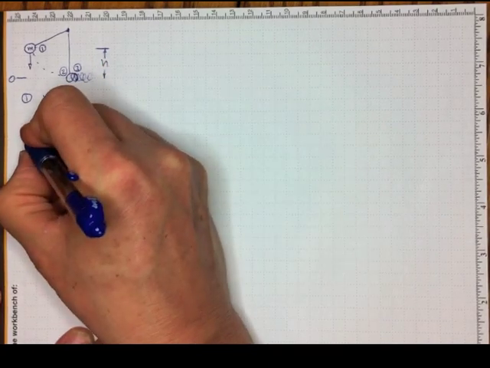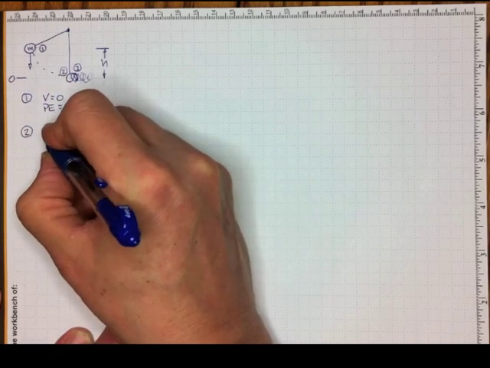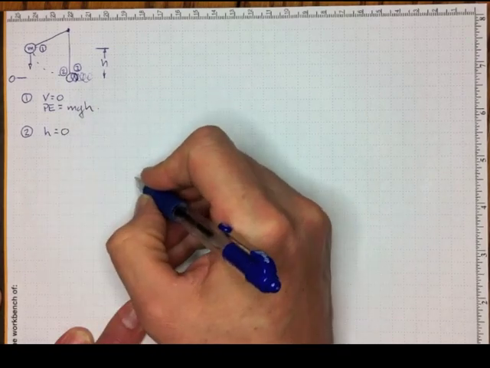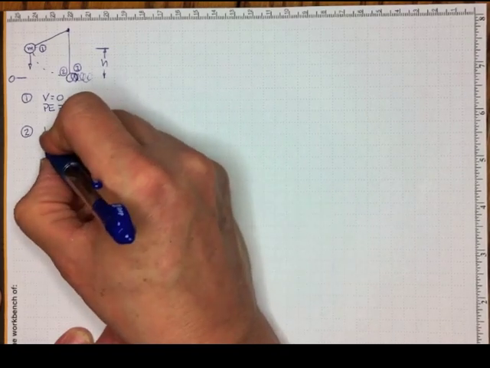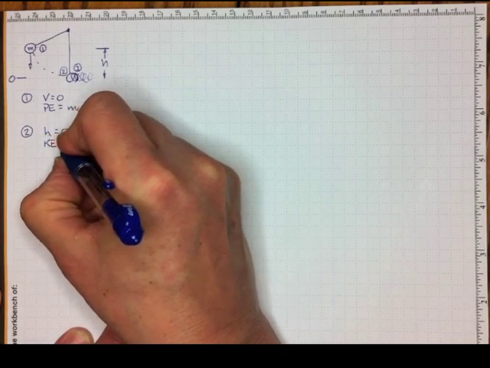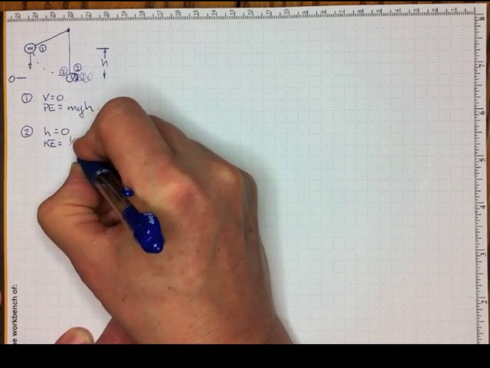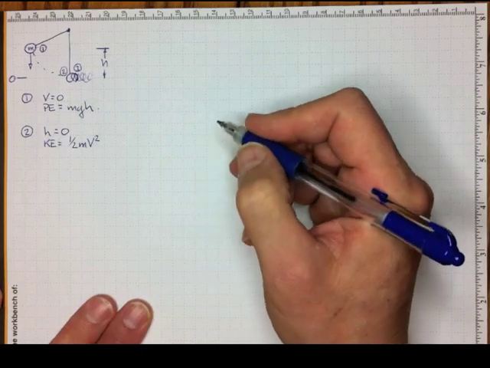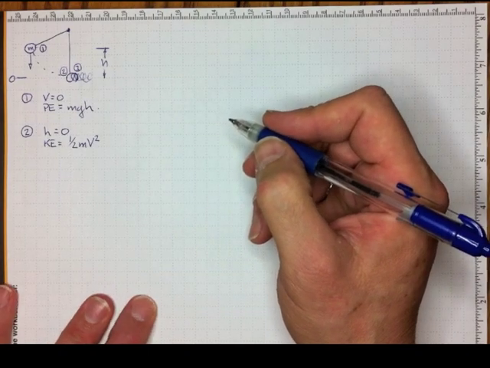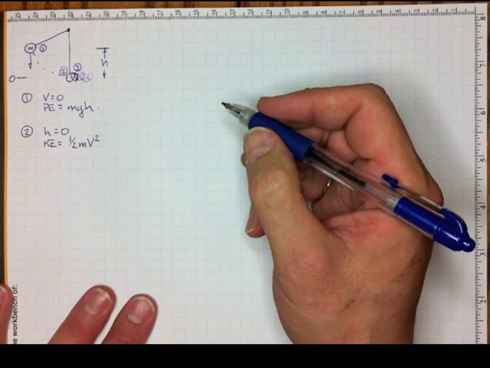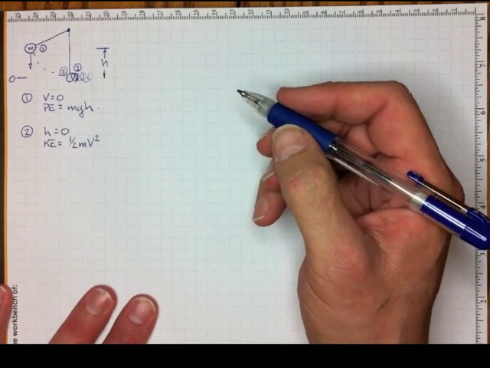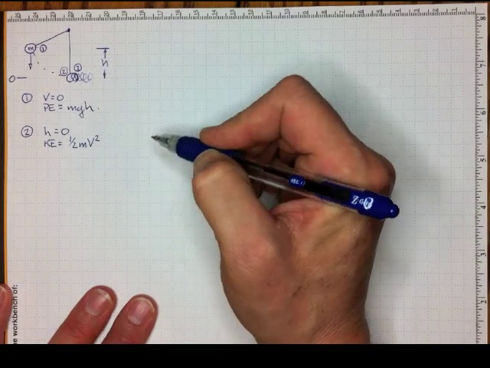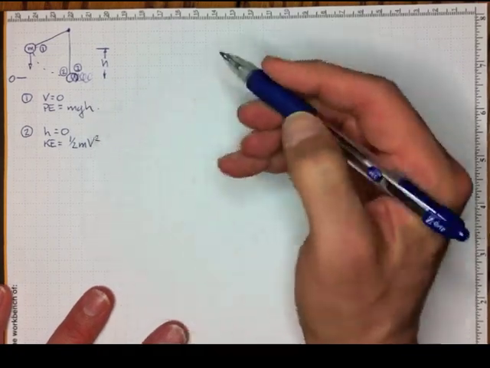At point 2, h is equal to 0, but now it's moving, and the kinetic energy is equal to 1/2 mv squared. And if there have been no losses along the way, no friction, nothing taking energy out of the system, it's a perfect pendulum in a vacuum, then the kinetic energy will be equal to the original potential energy.